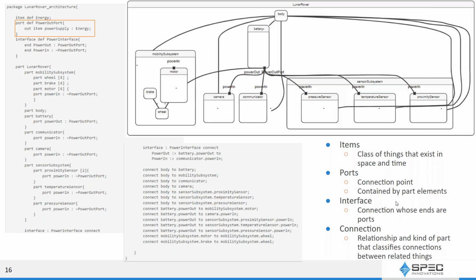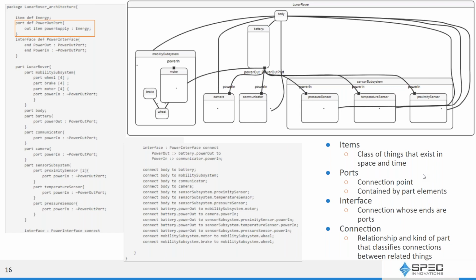So we're going to use that item for our ports. So ports define a connection point for interactions, and the port usage may be connected to one or more other ports. A port can have features that specify what can be exchanged and in what direction.